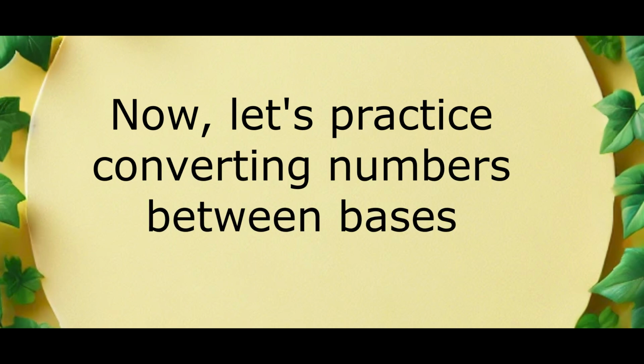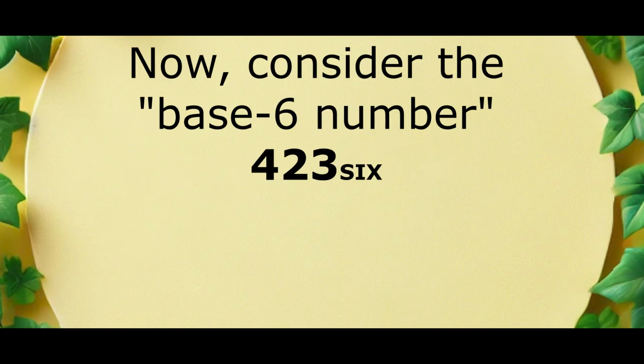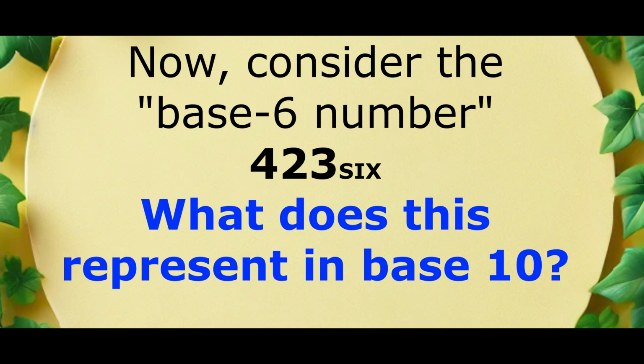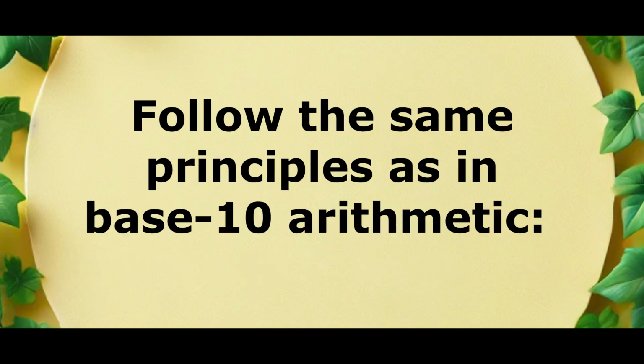Now, let's practice converting numbers between bases. Consider the base 6 number 423. What does this represent in base 10? To answer, we follow the same principles as in base 10 arithmetic.